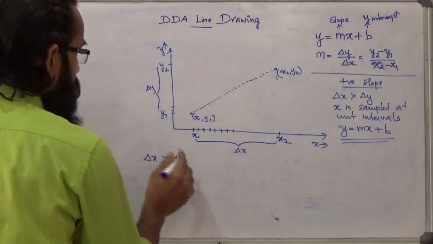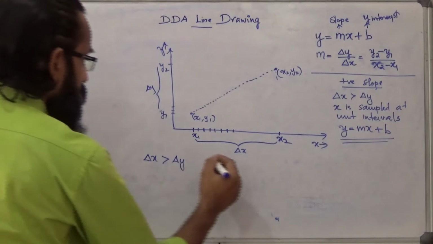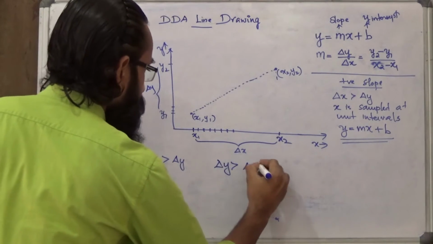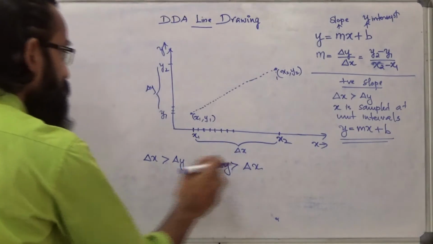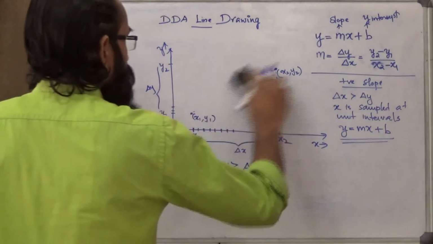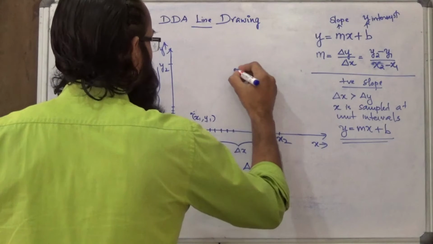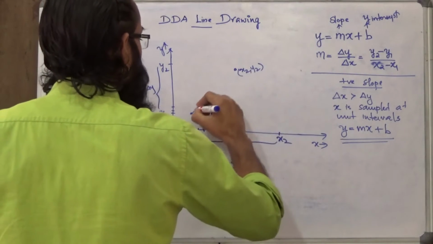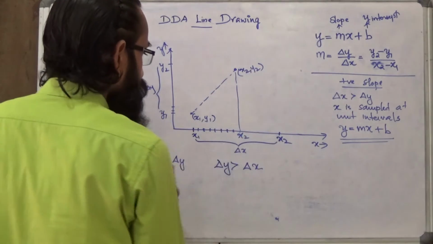Then what happens if delta y is greater than delta x? Let this be the situation. Let this be the second point, (x2, y2), this will be the line, and this will be the endpoint x2.